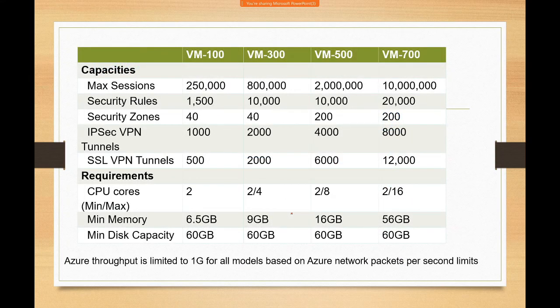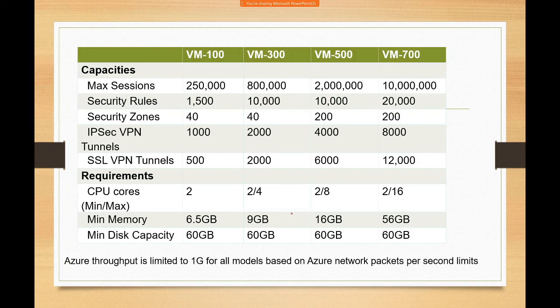So there are some VM sizes. I'm not going into detail. If you would like to deploy VMs in Azure Cloud, especially for Palo Alto, you have to follow this slide. Especially for pre-sales: the maximum sessions, the security rules requirement, and the security zones requirement for the customers.